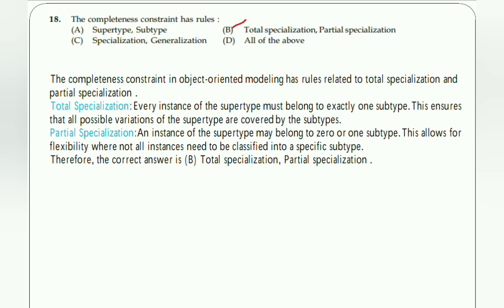So 0 or 1 is the option for the partial. Whereas in the total specialization, there is only one subtype which is exactly like the supertype. This allows for flexibility where not all instances need to be classified into a specific subtype. Therefore, the correct answer is B, total specialization and partial specialization.